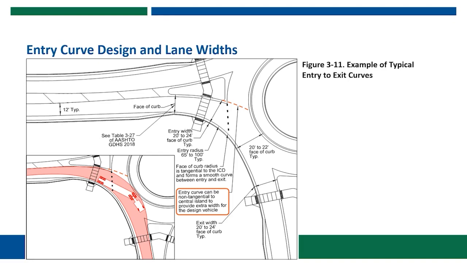A rule of thumb for entry radii is to divide the inscribed circle diameter by 2. The left side radius along the truck apron can be larger since it doesn't affect entry speed control, but it can be influenced by truck swept paths.